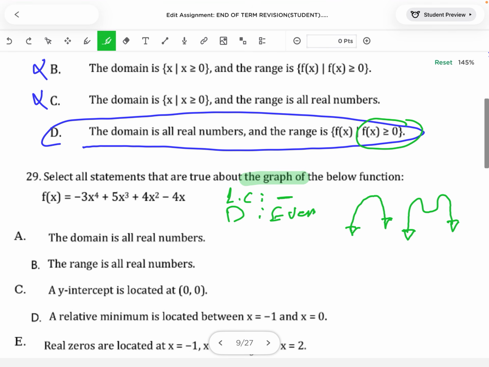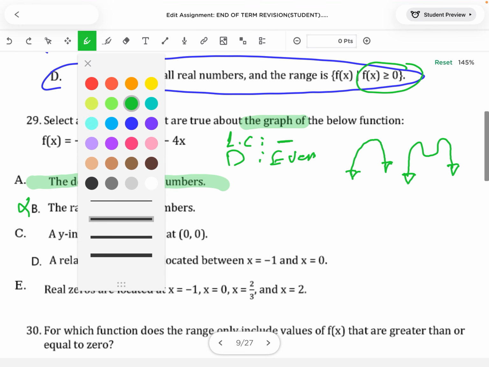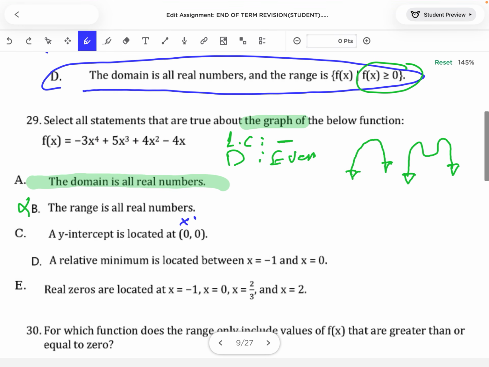Domain is all real numbers is a correct choice. Range is all real numbers is not correct, because this one is for the odd function. Y-intercept located at (0, 0). How would I know? Simply, I replace x and y in the function itself with 0.